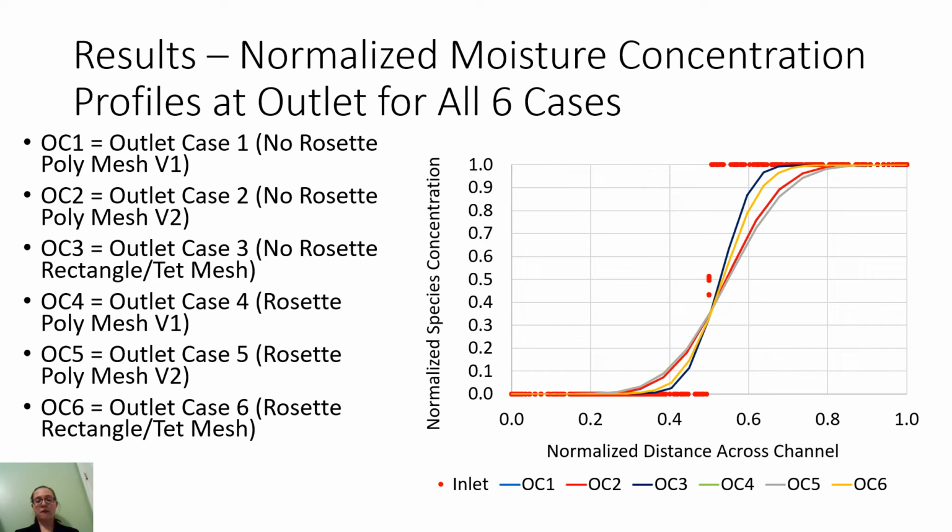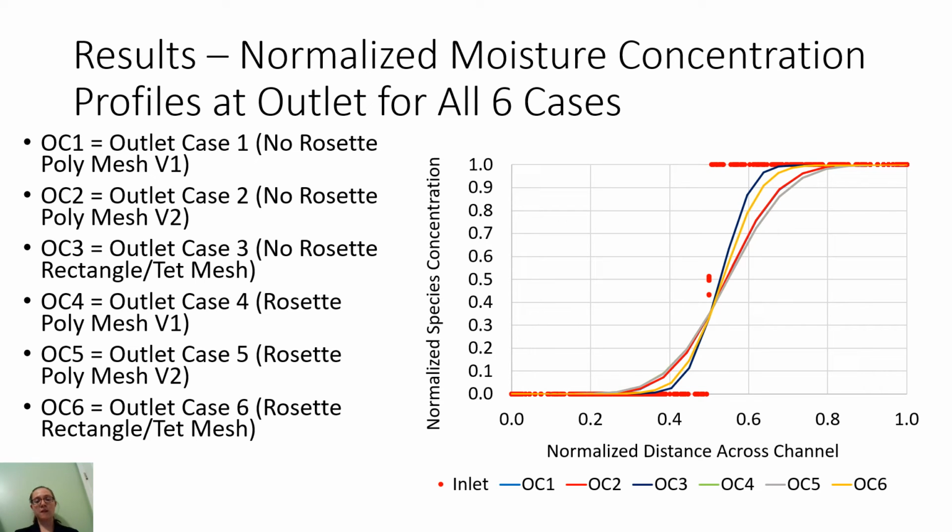This deviation from the initial step profile indicates that there is diffusion happening in the mesh regardless of whether the rosette is there or not, which indicates that there is some diffusion and some mixing happening even just in the mesh itself. We found that our rectangular tet mesh had the least amount of diffusion, but due to the presence of tets and non-conformal faces, this mesh is still not ideal.